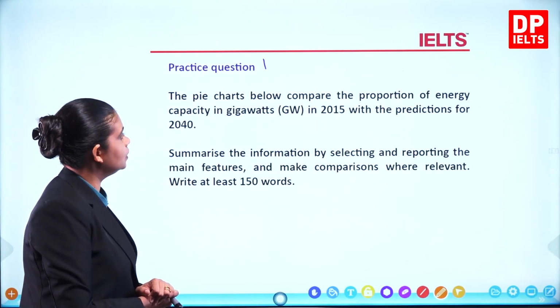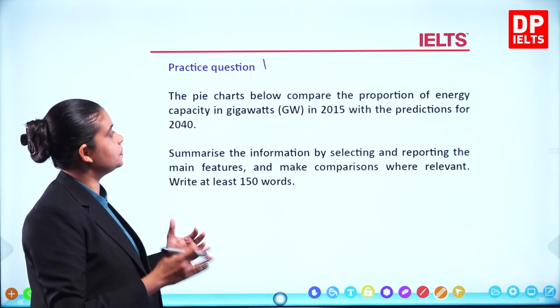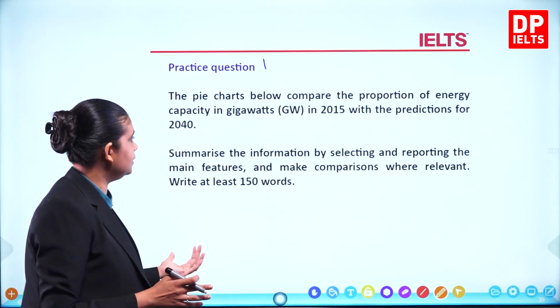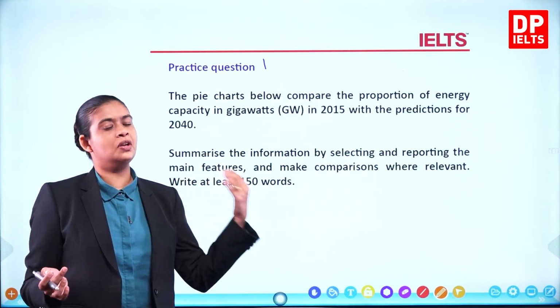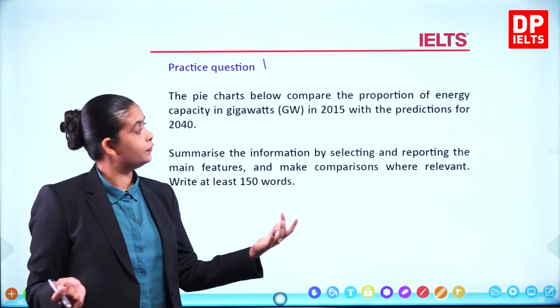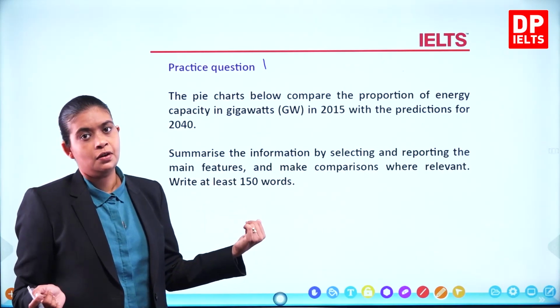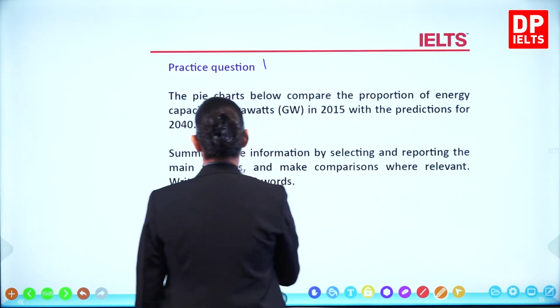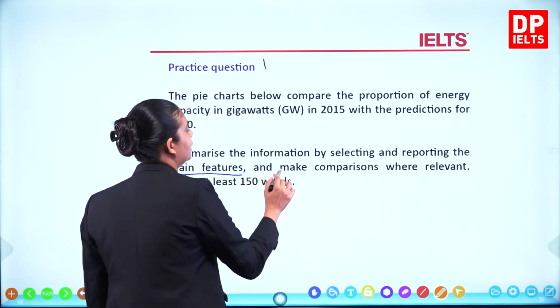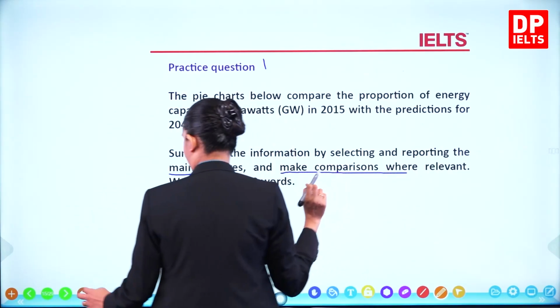So what does it do? It compares the proportion of energy capacity in gigawatts in 2015 as well as the predicted amount of gigawatts for 2040. So we are supposed to select and report the main features and make comparisons where relevant.